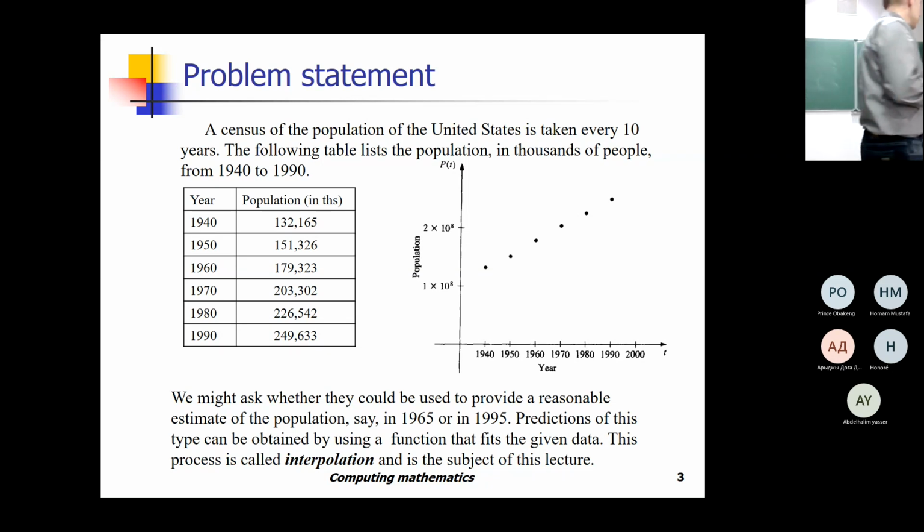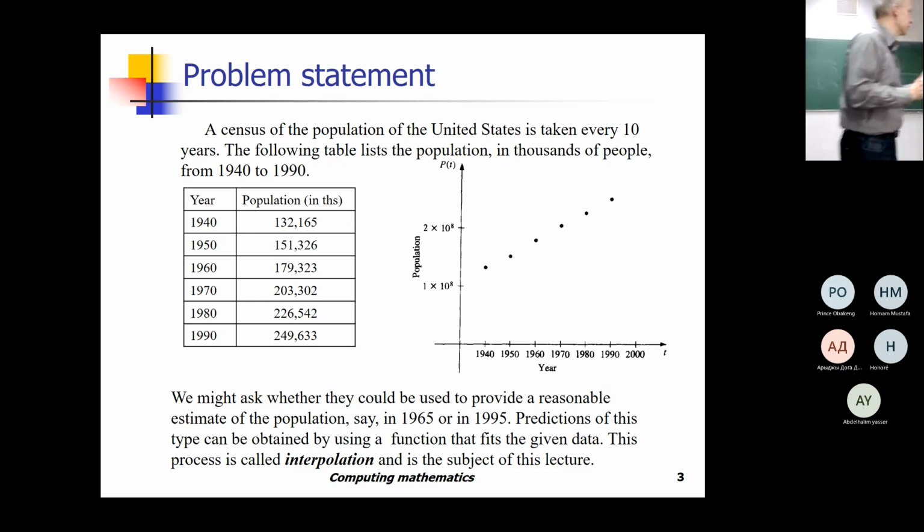And the question is, can we provide a reasonable estimate of population in some other year? For example, 1955 or 1995. Of course, this data is old.